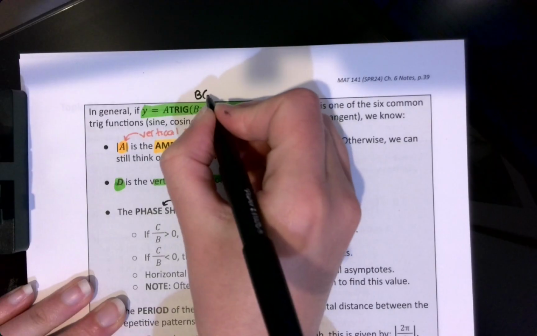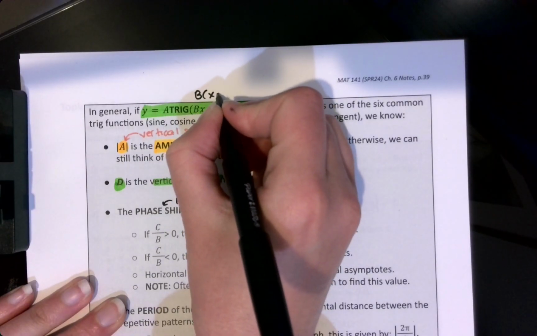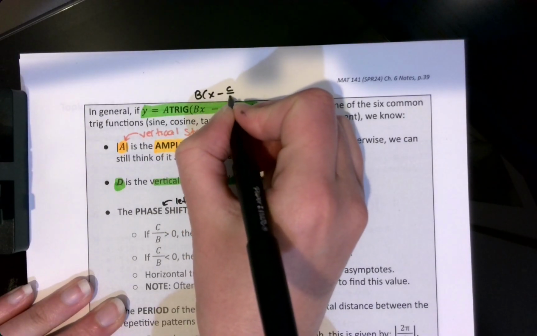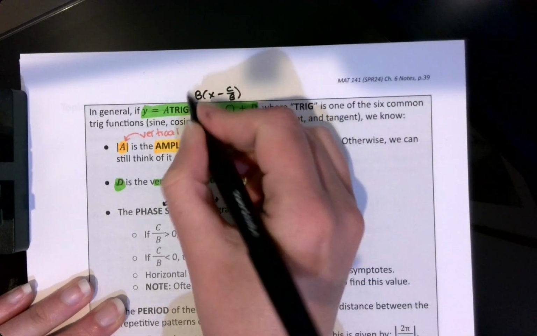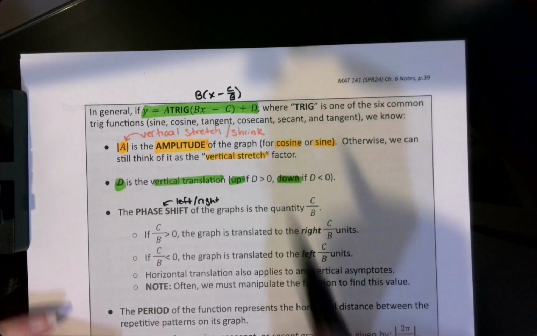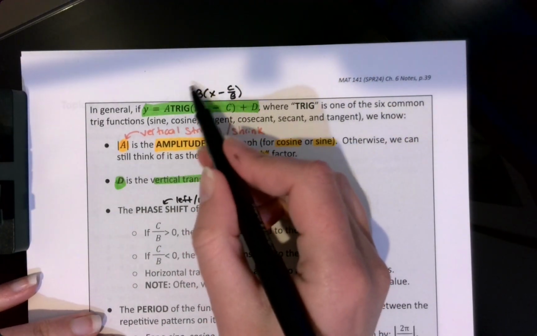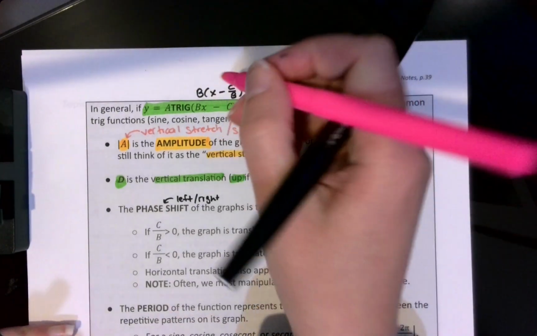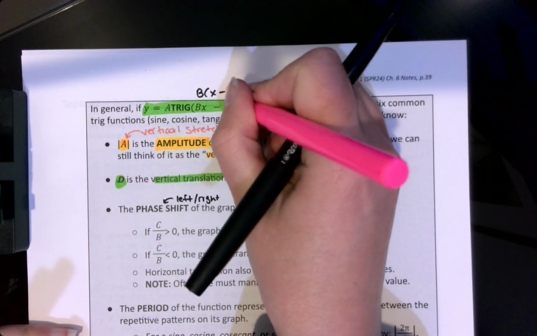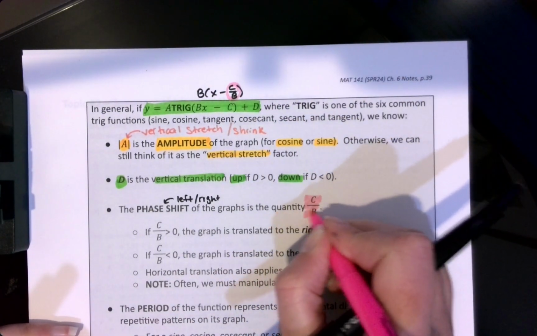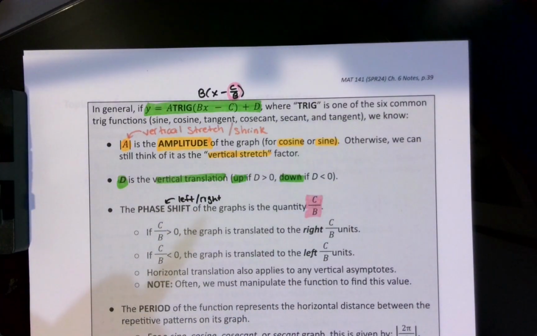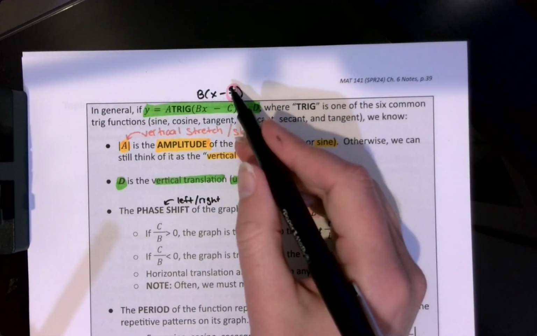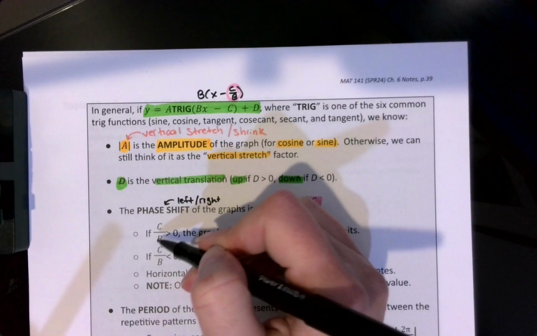So this is B times the quantity x minus c over b. B is the horizontal stretch shrink factor, and the phase shift part of it is this value c over b, and the minus is part of our formula right here.